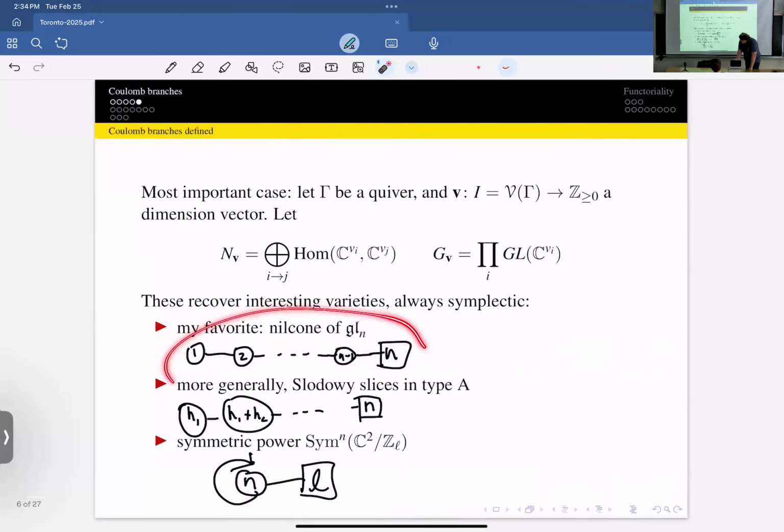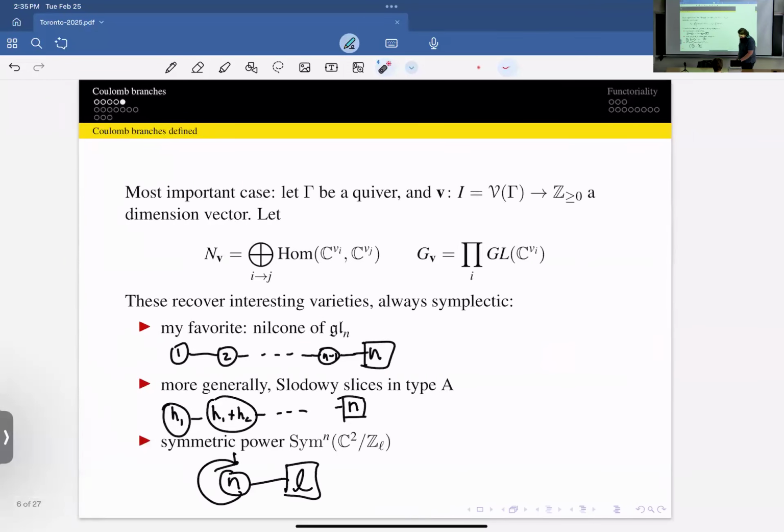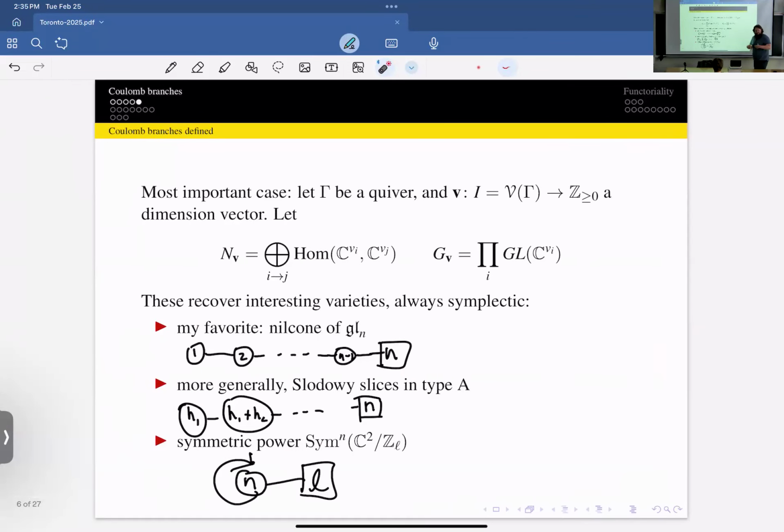These cases might fool you, but for example, the dimension is always twice the rank of the group. So adding extra edges to your quiver, well, that doesn't change the rank of the group. It doesn't change the dimension of the space. It does some weird birational transformation to it. So it's a very different thing from this sort of story of taking the quotient.